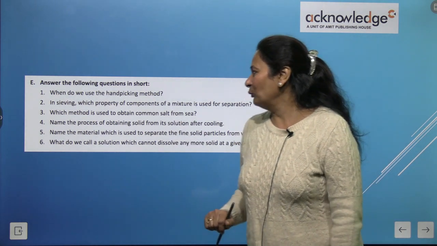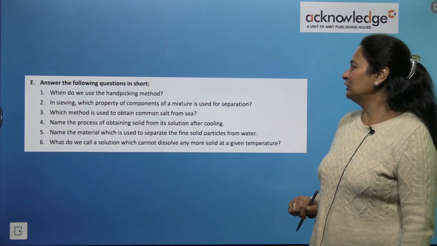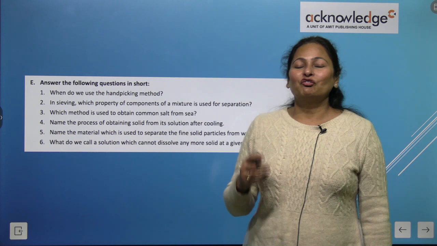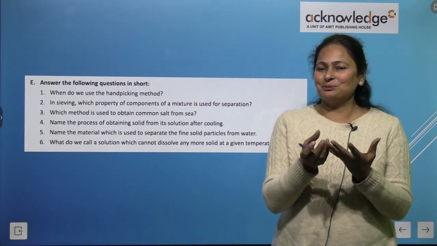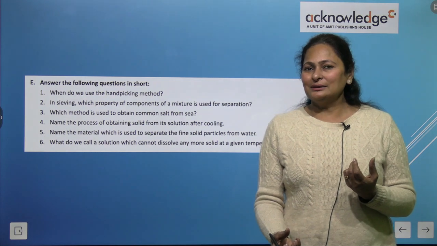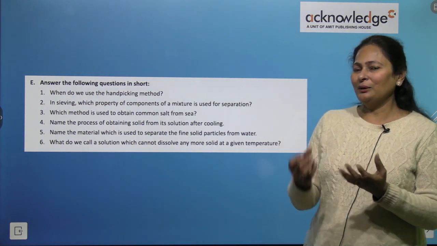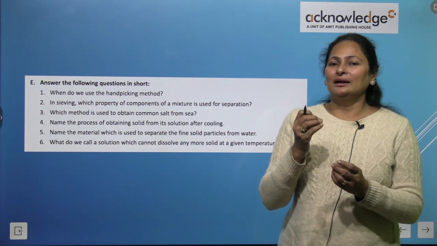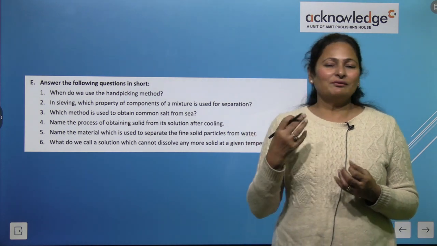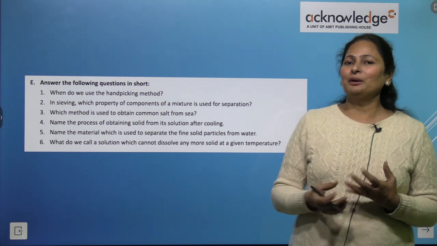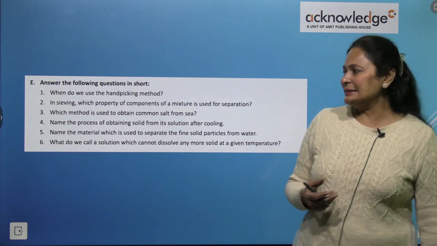In sieving, which property of the components of the mixture is used for separation? The property is size. The small size particles will come down, and the substances which are big in size will be left on the sieve.